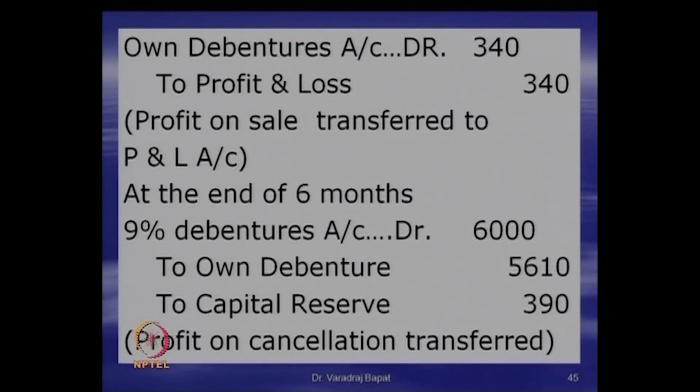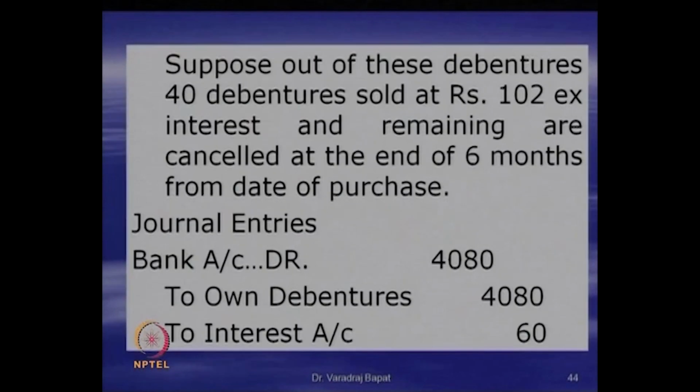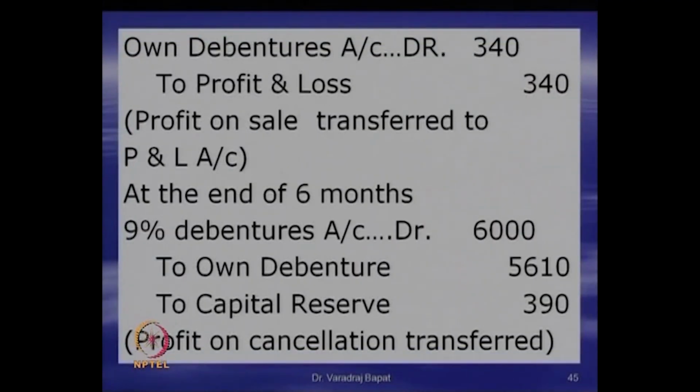We purchased at 98 and we have sold them for 102. So, we have made a profit on every debenture. That profit we are calculating. If we calculate at 4 rupees per debenture, the profit comes to 4 into 40, that is 160. But here the profit shown is 340. Can you imagine why it is 340? Let us go back.